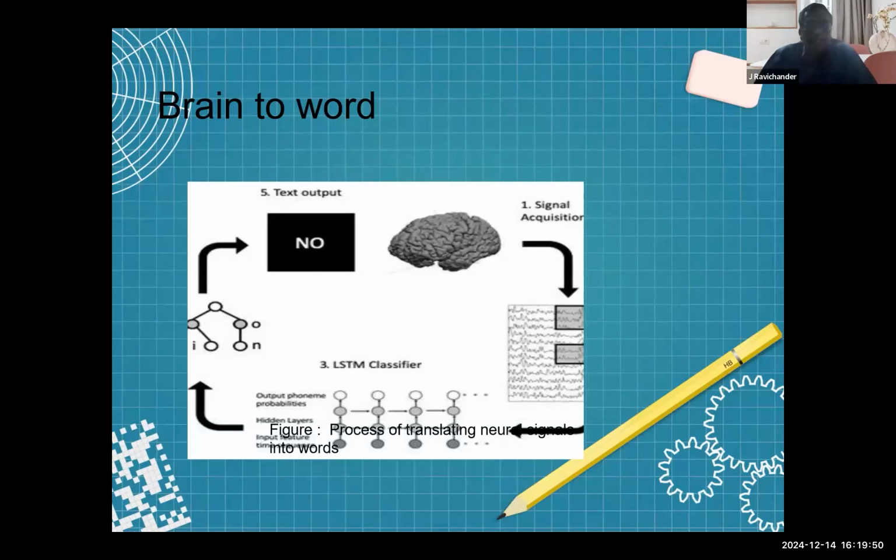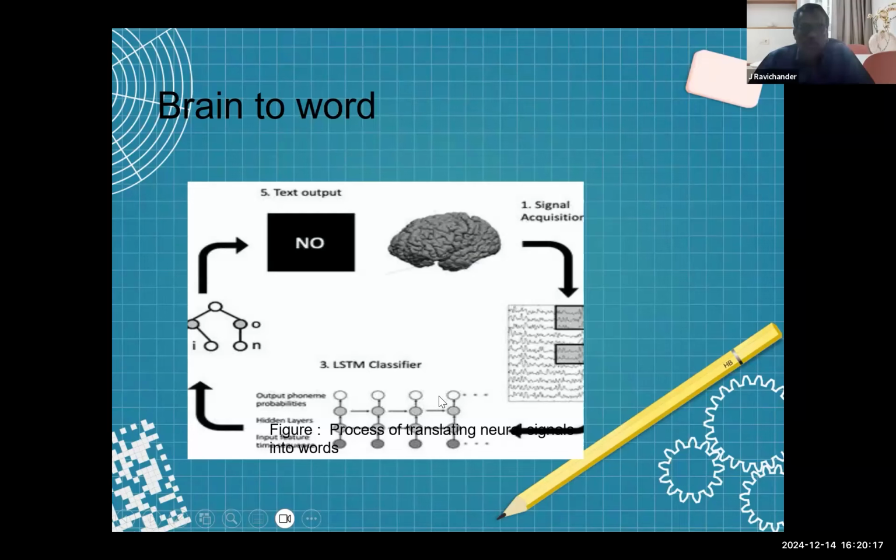So here there is signal acquisition. Usually we take the signal from the brain, and for that we use an EEG device.